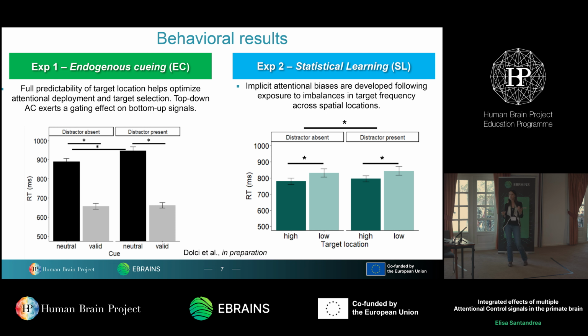We again had the manipulation of distractor presence, but in this case, we had the main effect of the distractor presence, so the cost was found in all conditions, as if those two types of attentional control are acting completely independently. They are not interacting in any sense. And so they both contribute, in a sense, to the deployment of attention.